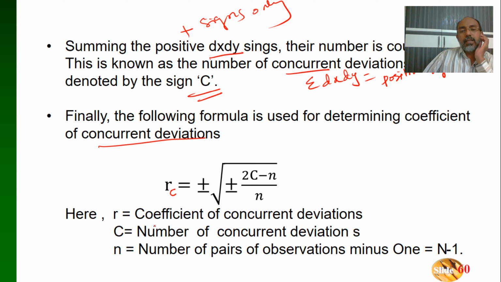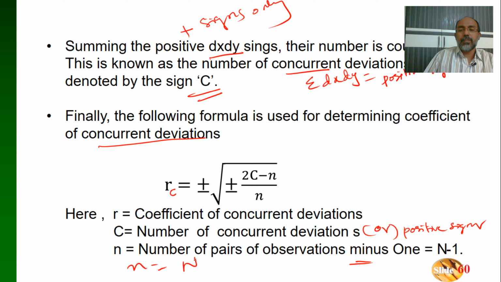Here, R is the correlation coefficient of concurrent deviations, and C is the number of concurrent deviations, that is, the positive signs. Then N is equal to the number of pairs of observations minus 1, that is, capital N minus 1.